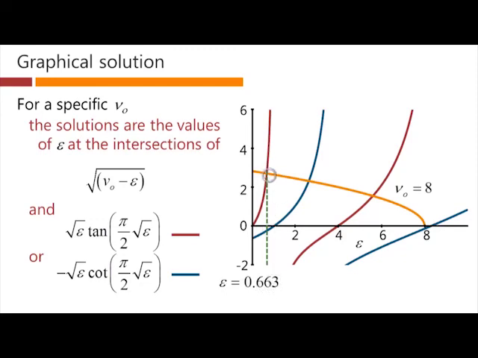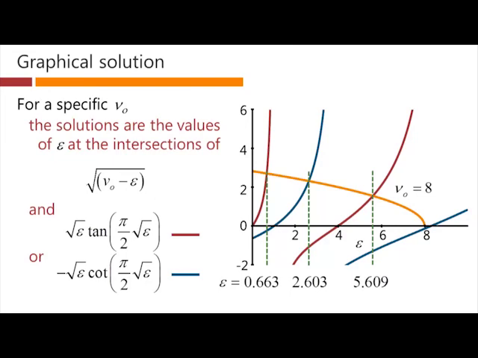And we could get that off this graph if we'd used a very sharp pencil to do it. Of course, we can solve these on the computer as well by simultaneously solving this relation here with this one. And the second solution would be with the cotangent, and that would occur at 2.603 energy units. And the third solution would occur at 5.609 energy units.